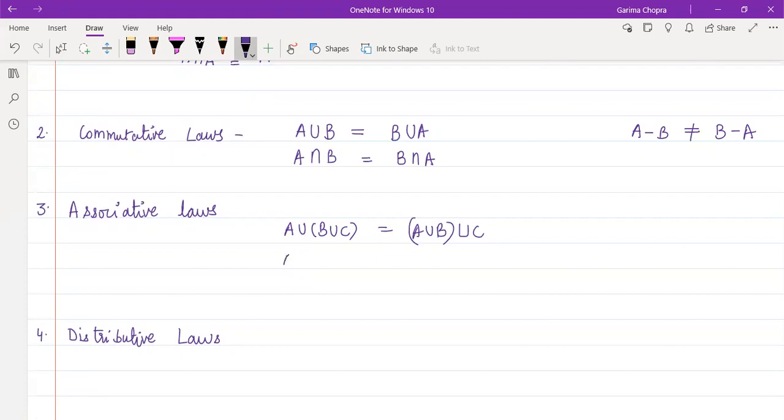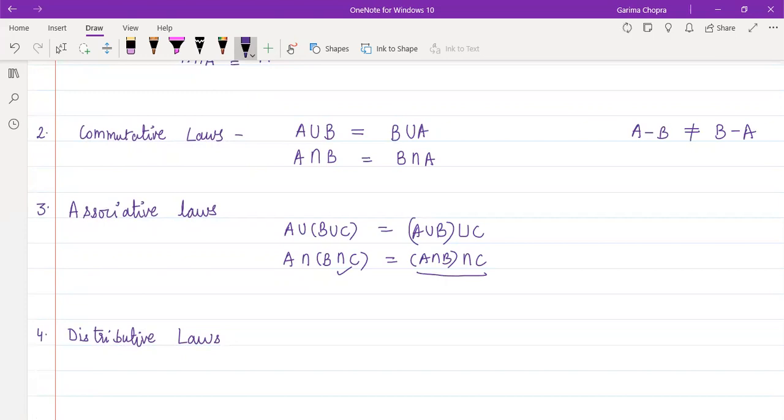And if we write down the associative law for the intersection operation, it will be like this: whether we first find the intersection of B and C, and then take the intersection of A with B intersection C, it will be the same as the right hand side.